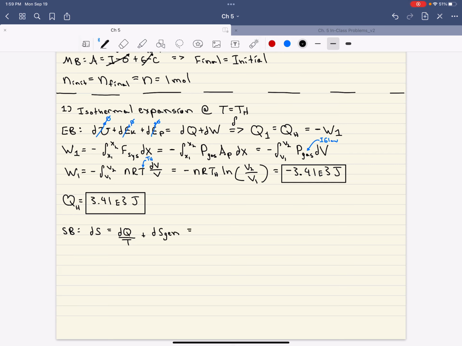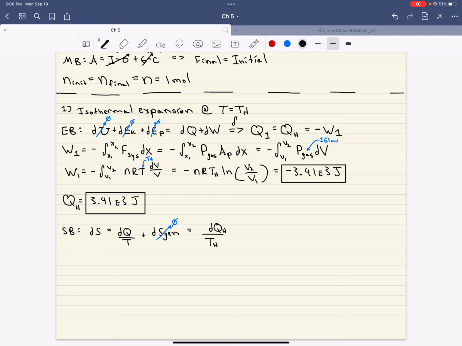For the system, first of all, it's reversible, so we don't need to worry about the generation term; this is 0. We also know that it's isothermal, so T here is just going to be TH, and this is going to be dQH. Based on our energy balance, dQ is just going to be equal to the negative dW.